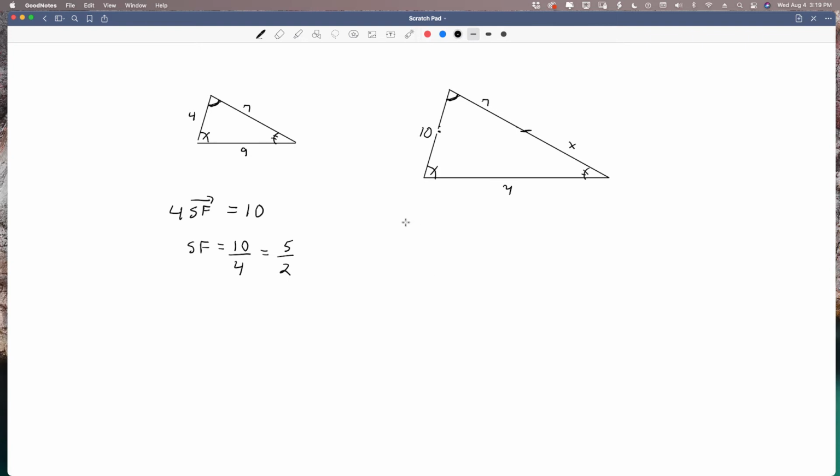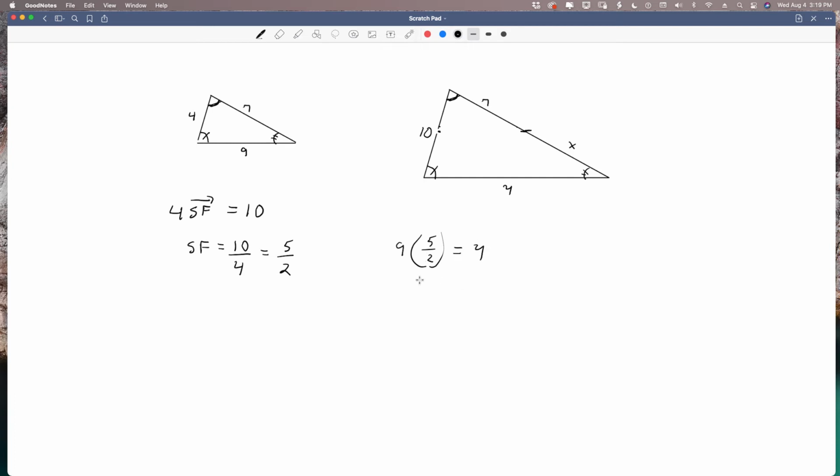So now we need to figure out how to get here. We don't know what x is. We have no clue. And we have a choice how we want to figure that out. But before we do this one, let's do an easier one. Let's do 9 and y. So we know that the scale factor is 5 over 2. So we're going to say 9 times that scale factor is going to give us y, right?